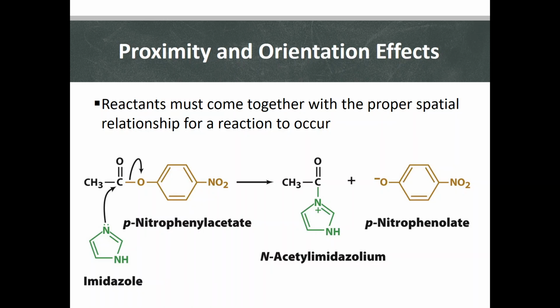And when I say productive orientation, what I mean is they have to collide such that orbitals are in alignment, or at minimum, reactive functional groups are going to hit each other in such a way that chemistry can occur. So this is important because not all collisions are productive collisions.